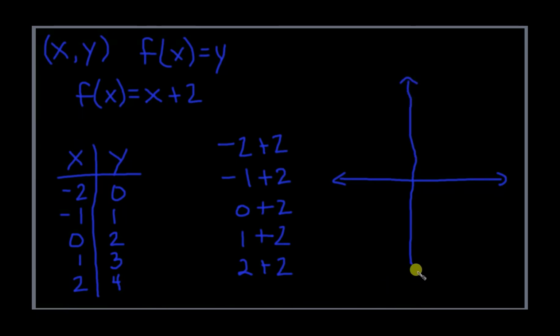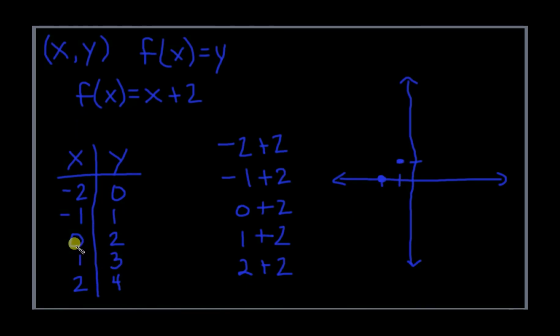So let's see. Okay, our first ordered pair here is -2, 0. So we're going to move over -2 on the x-axis, and we're not going up any on the y. So here's our first point. Our next point is over -1 on the x-axis, but this time we're going up 1. So our next point is going to be about right here.